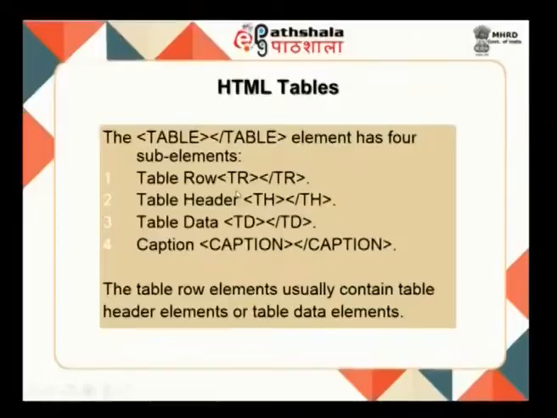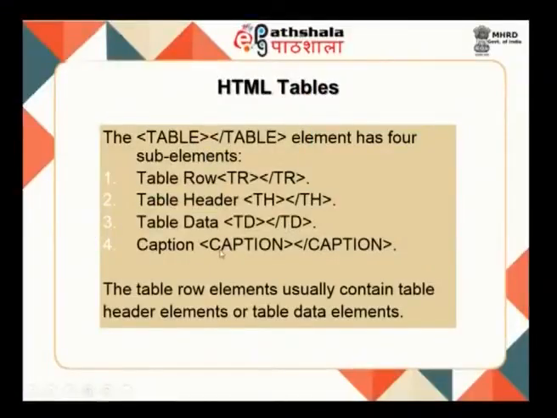The row would normally be defined with a tag called tr and it has an equivalent closing tag, and the table header will start with the th tag and it ends with a th tag, and data would be put in a tag called td, and it has a closing tag, and normally you can give a caption for the table. So, the tag for giving a caption for the table is the caption tag, and these table row elements normally contain header elements and data elements.